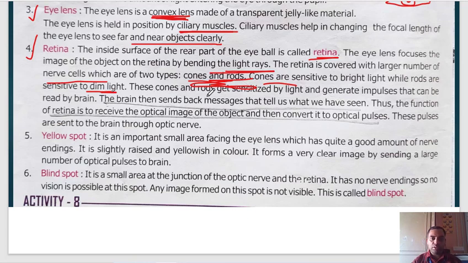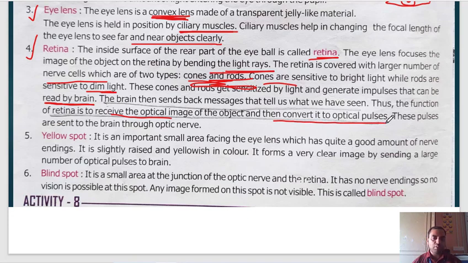These cones and rods get sensitized by the light and generate impulses that can be read by the brain. From here, it generates impulses and sends those impulses through the optical nerve to the brain, and the brain is going to read it. The brain then sends back a message that tells us what we have seen. Okay. Thus the function of the retina is to receive the optical image of the object and then convert it into optical pulses.